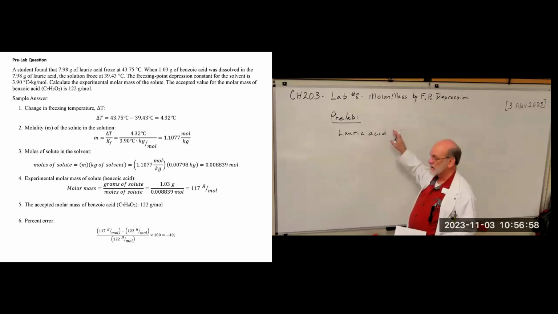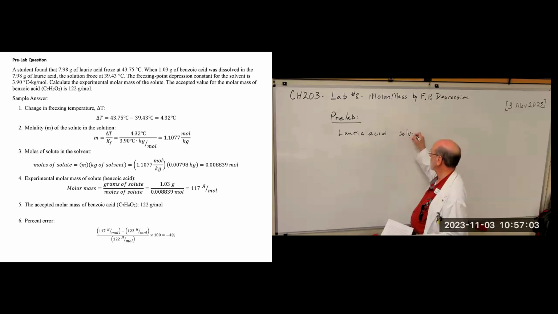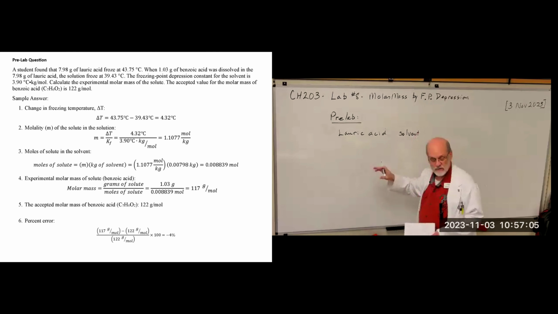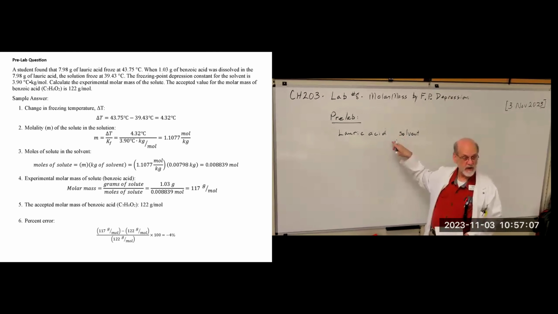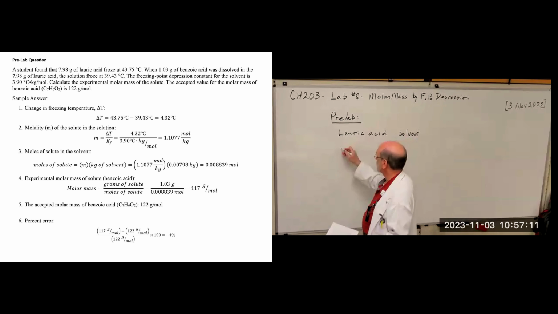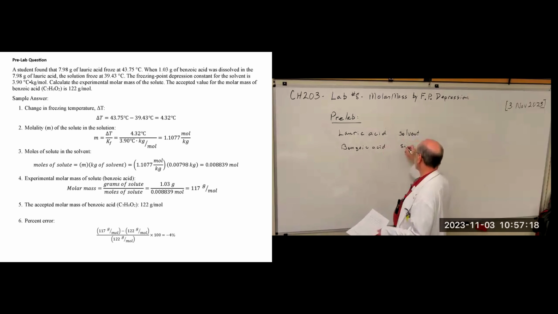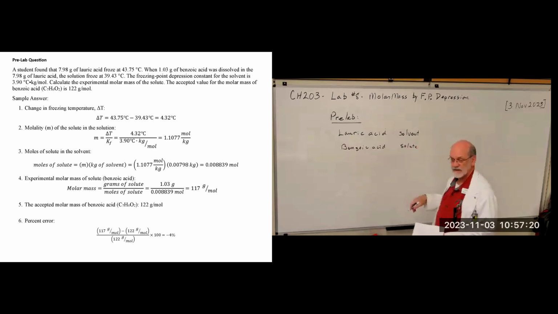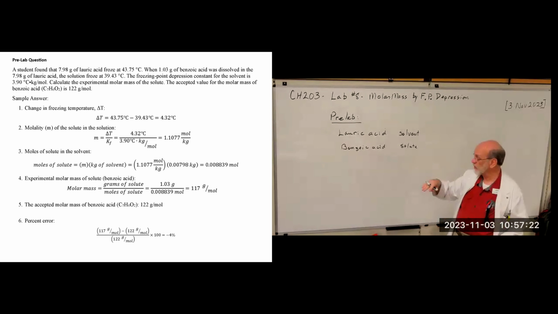This is going to be the solvent. So you determine the freezing point of the solvent first with nothing in it. And then we're going to put benzoic acid in it. Benzoic acid is the solute, and that's going to depress the freezing point of the mixture.